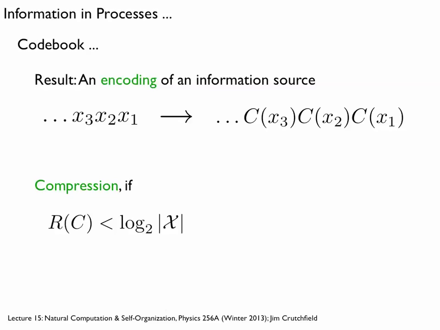But there'll be ways of choosing how we associate the binary words. Basically, the idea is to associate short code words with highly probable, often used messages. And we then get this code rate down below the size of the message alphabet itself.